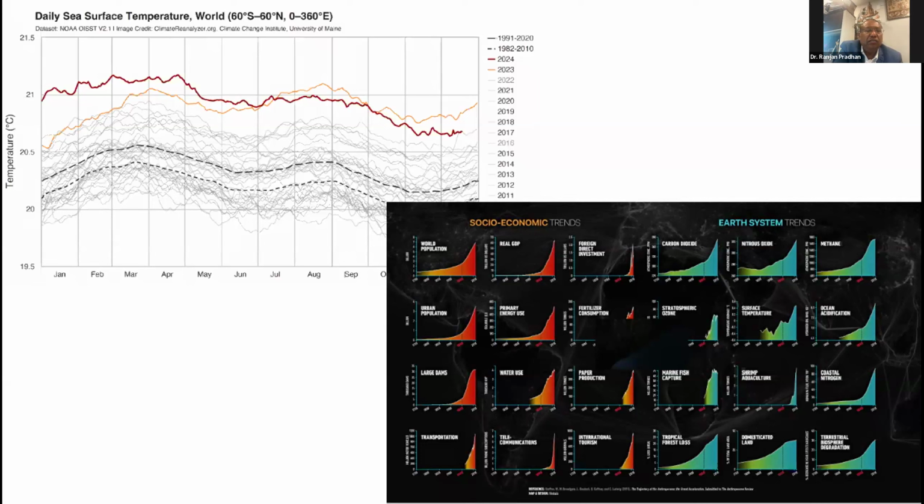And in addition to this temperature, there are other issues that are also having an impact. Global health would be impacted by the Earth system trends, which all of these graphs are showing as a significant, quick rise. And socio-economic trends are newly added trends that are impacting the Earth system and our living conditions on Earth.